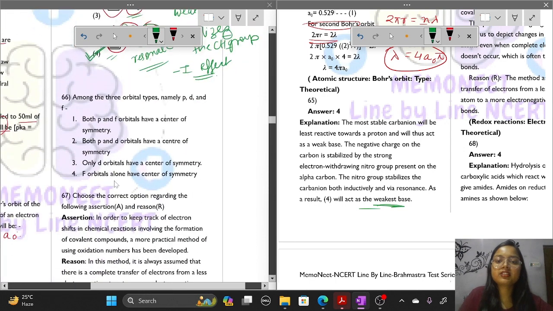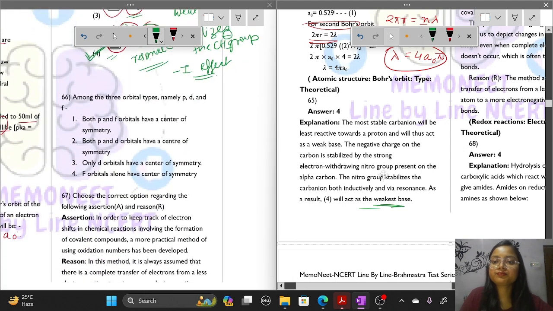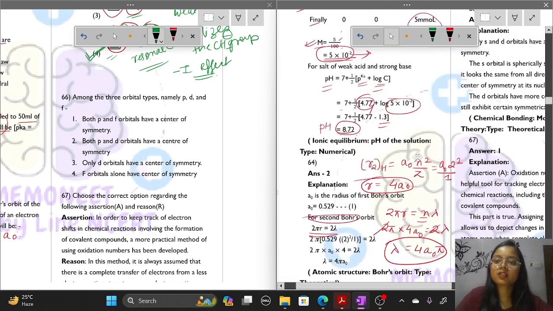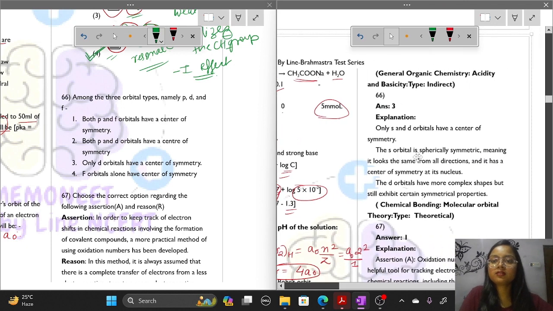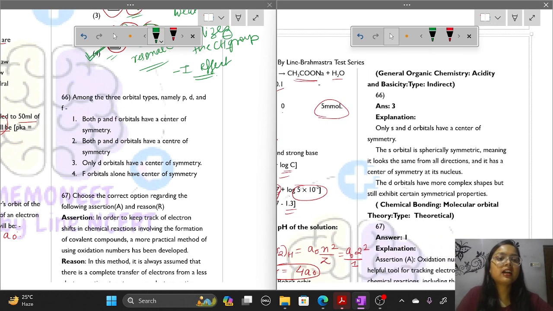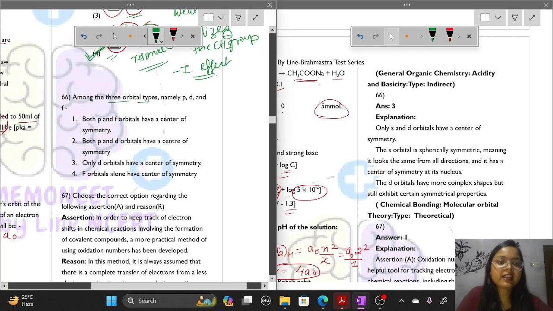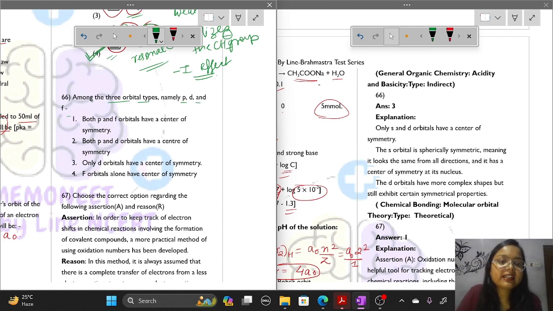For question number 66, among the three orbital types, namely P, D and F, option 1 says both P and F orbitals have a center of symmetry, both P and D orbitals have a center of symmetry, only D orbitals have a center of symmetry, and only F orbitals have a center of symmetry.